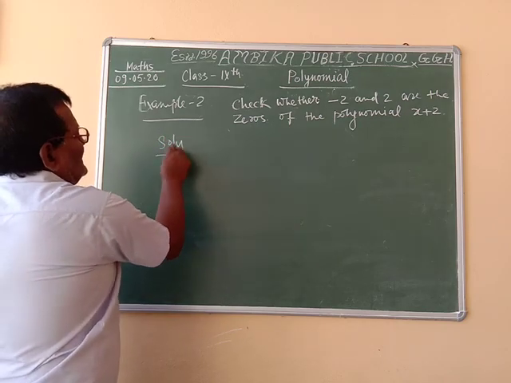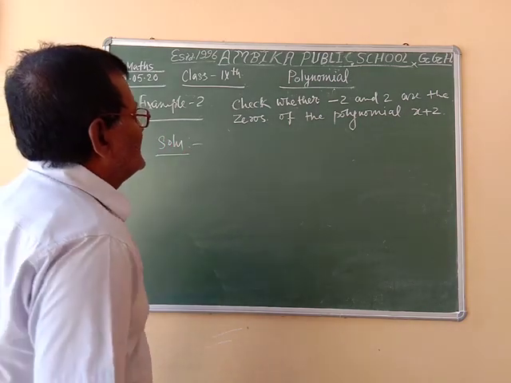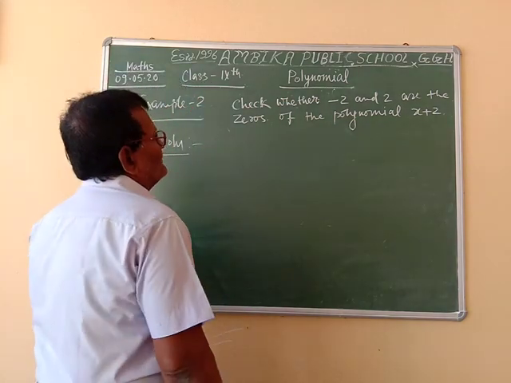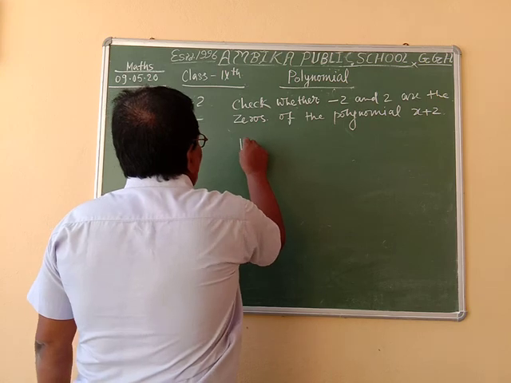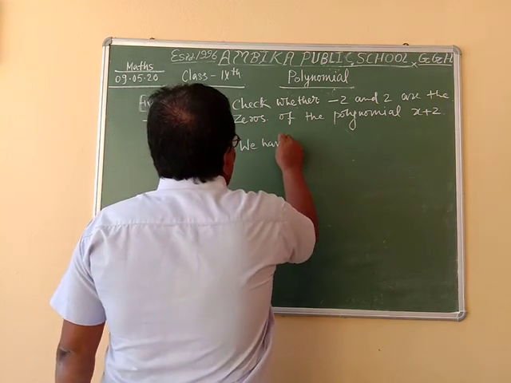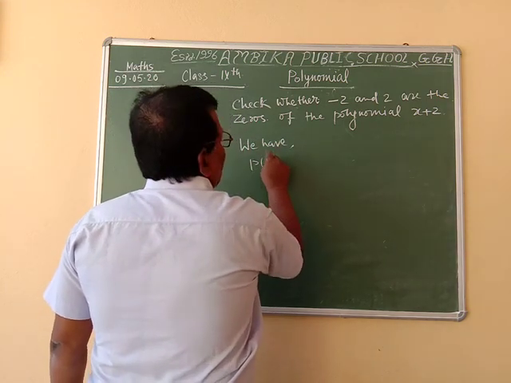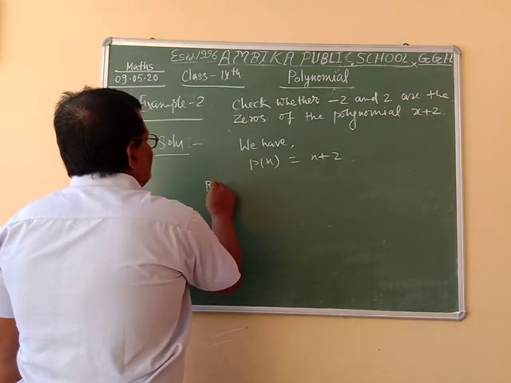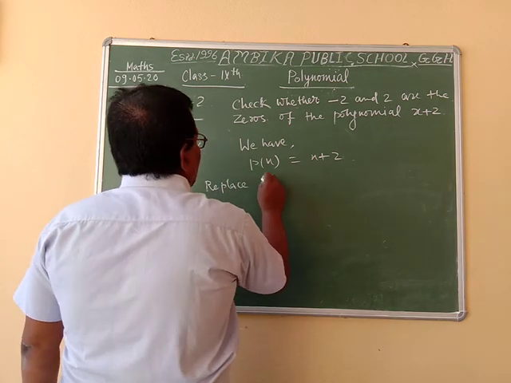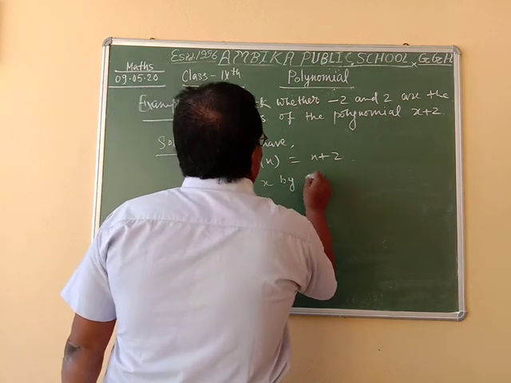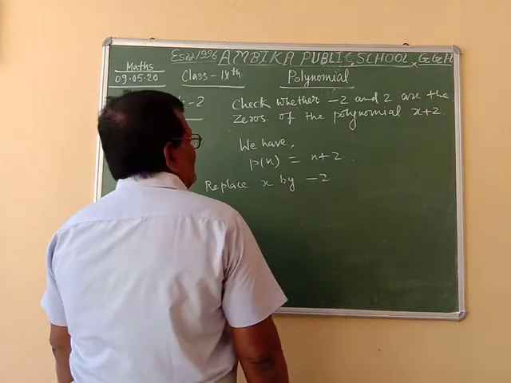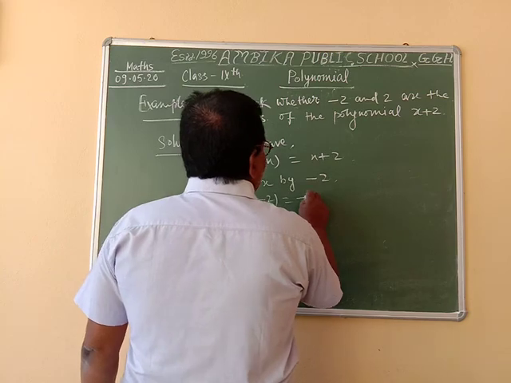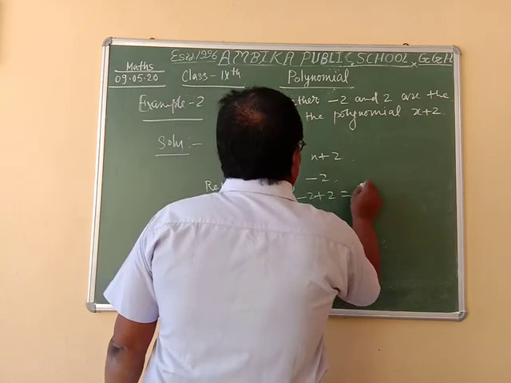To check these values, we have P(x) = x + 2. Replace x by minus 2: P(-2) = -2 + 2 = 0.